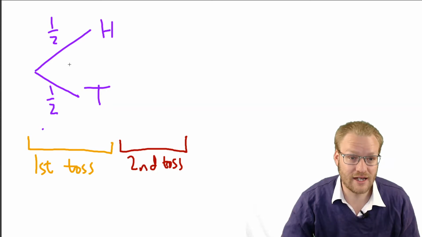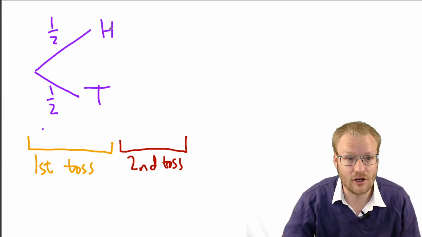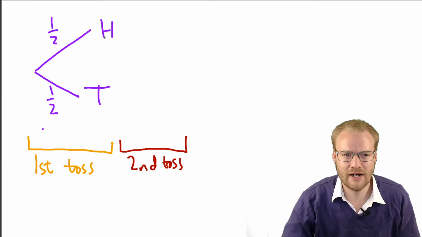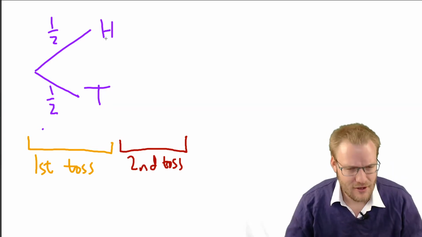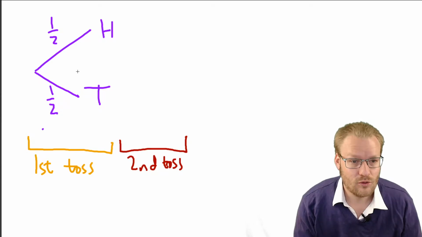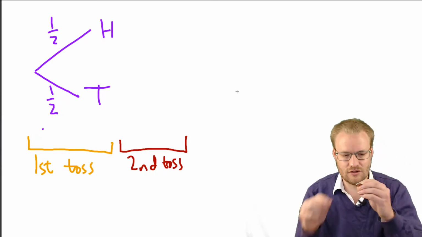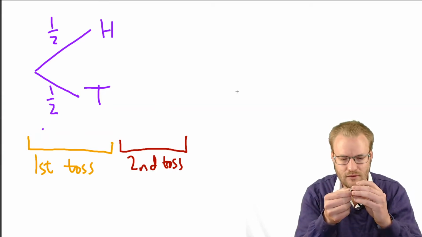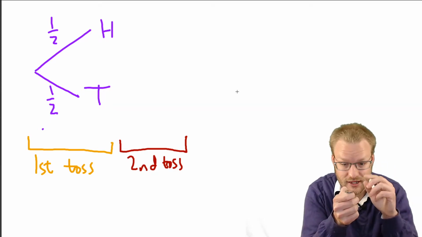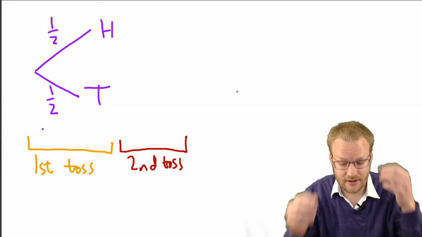If we had tossed a head, we already saw that we're going to go along that path there. We've got a head. Now once we've tossed our head, we pick up the coin again, and there are 2 things available to us. When we toss it the second time, having tossed a head the first time, it could be heads or it could be tails.